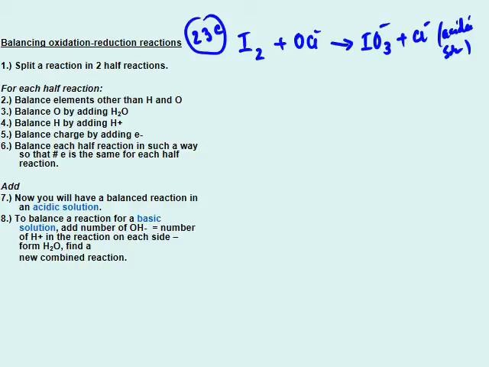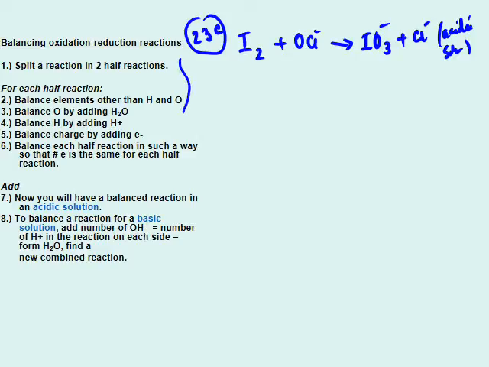You'd have a different balancing if it is acidic compared to basic. The rule that I have written down on the left hand side would automatically give you balancing in acidic solution. To make it basic, you need to add OH minus at the end, and I'm going to show you that.